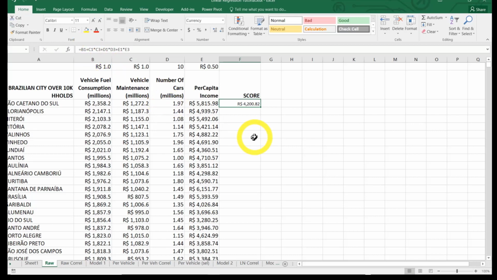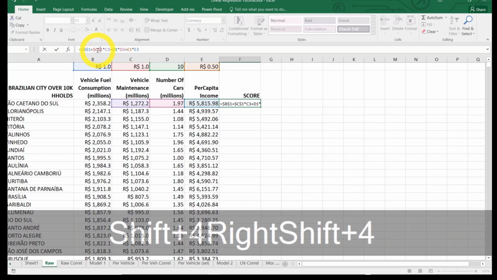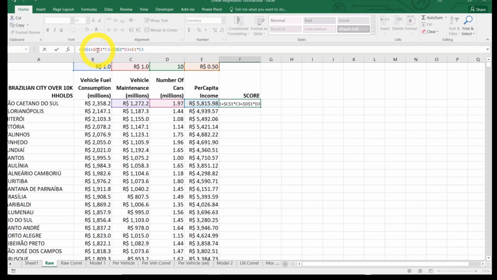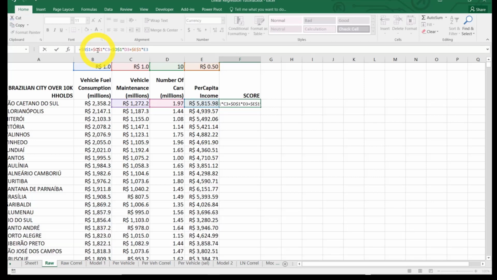Now, I'm going to copy this formula down, but I want to make sure that my weights remain on the top there. So I'm going to put a placeholder on the weights. Let me copy this formula from the first city to the second city, so you see what is going on here.